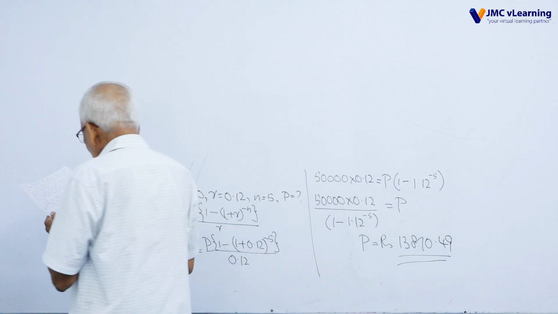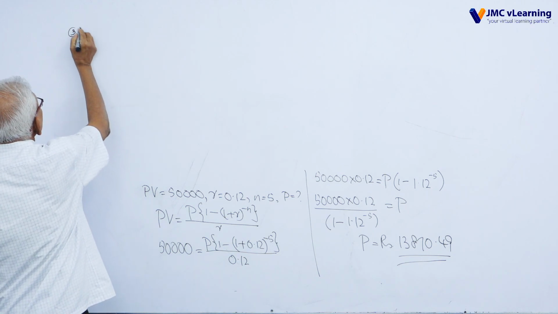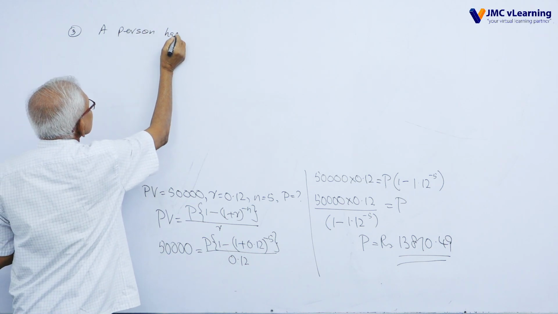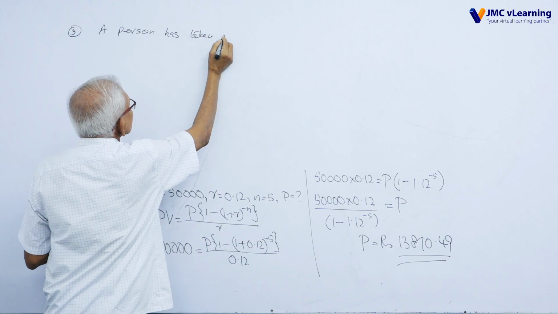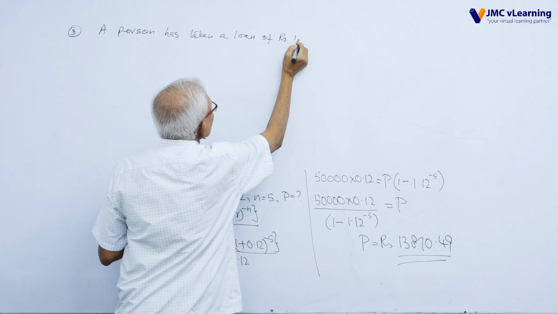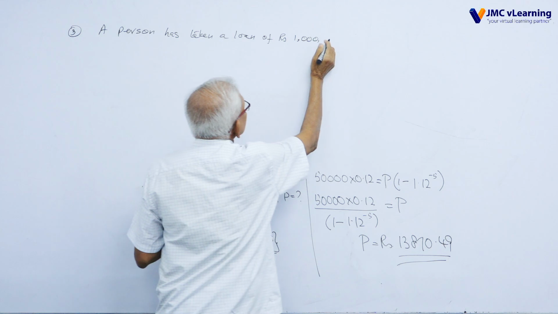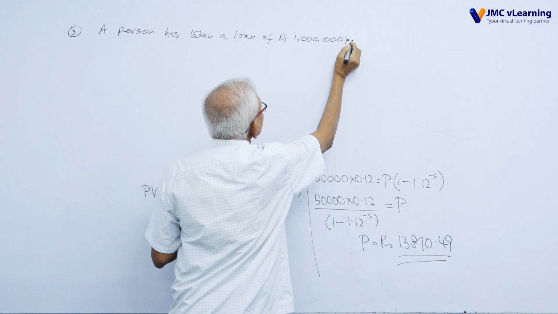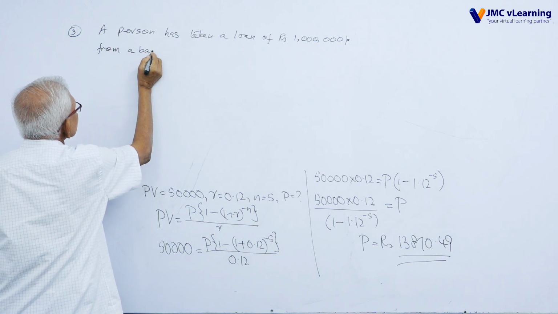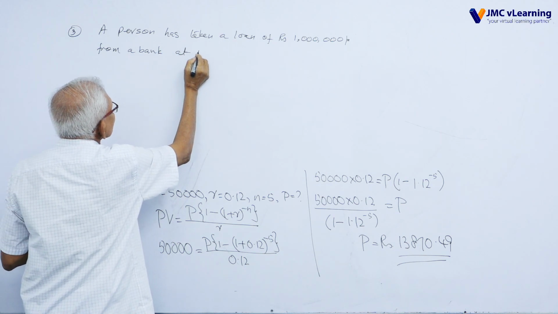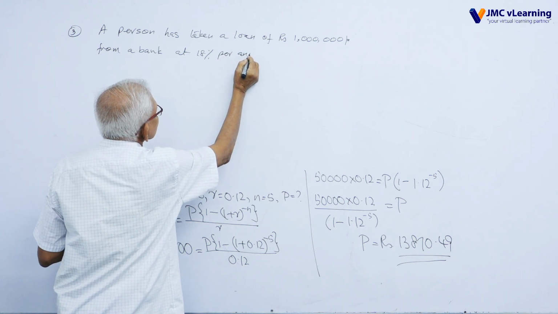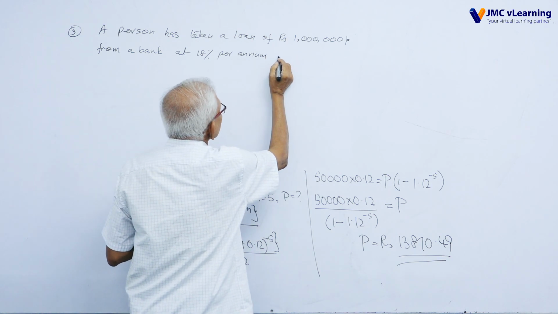A person has taken a loan of rupees 1 million from a bank at 18% per annum rate of interest.